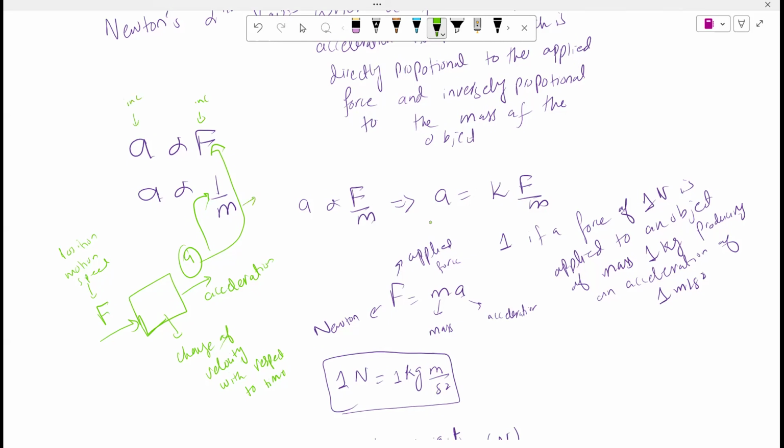And if I increase the mass, acceleration would decrease. That's Newton's second law. When a force is applied onto an object, acceleration is produced. That acceleration is directly proportional to the force and inversely proportional to the mass of the object. That's Newton's second law, and it's given as F equals ma.